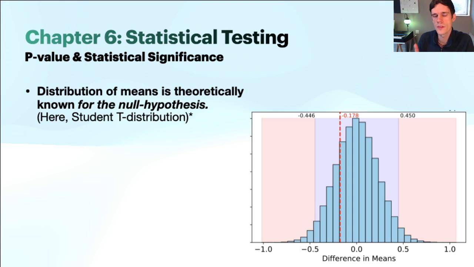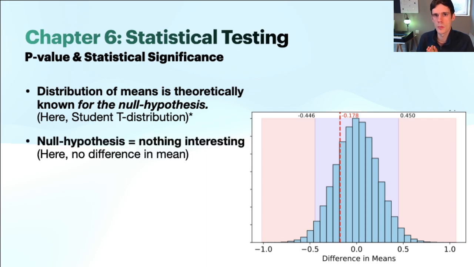Now, there is one caveat. We have available to us this distribution, but only under a specific assumption, namely the null hypothesis. Now, what is the null hypothesis? This is the assumption that the underlying populations do not have a difference in the specific statistic that we are looking at.